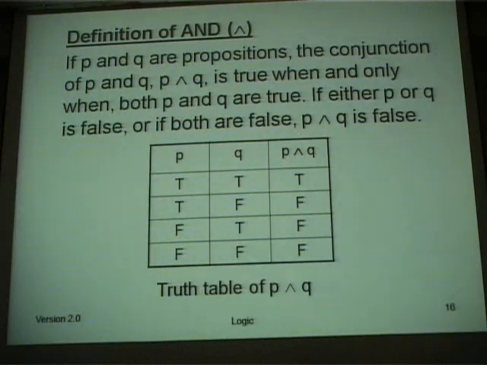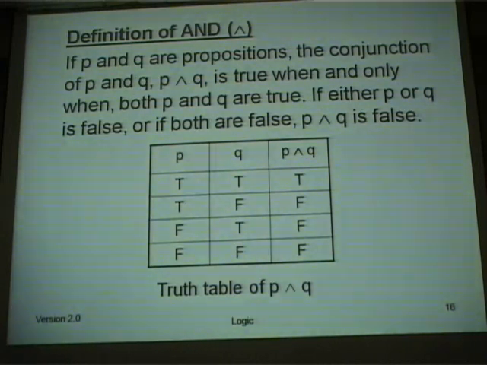At any given time, these two can have only these possible truth value combinations. So for these values, the truth table says what truth values P and Q can have.